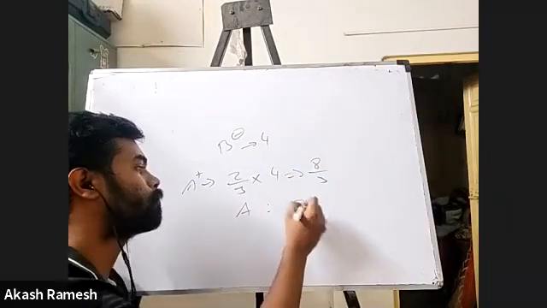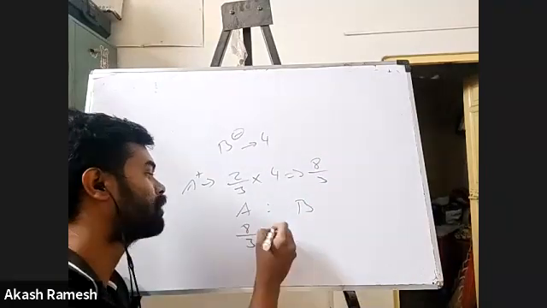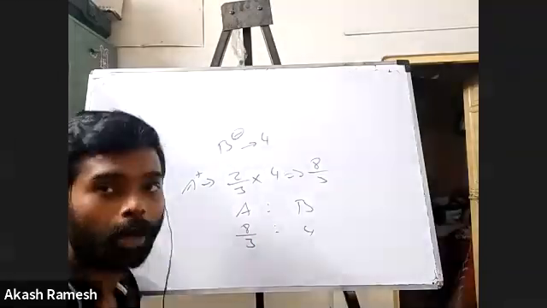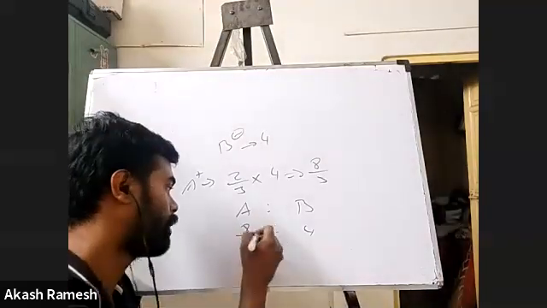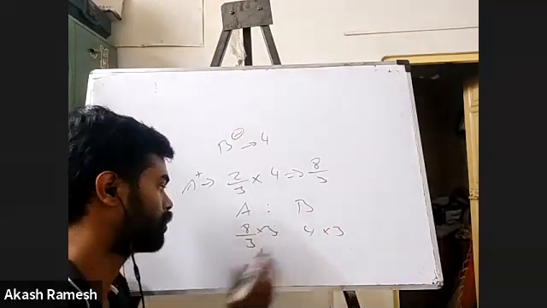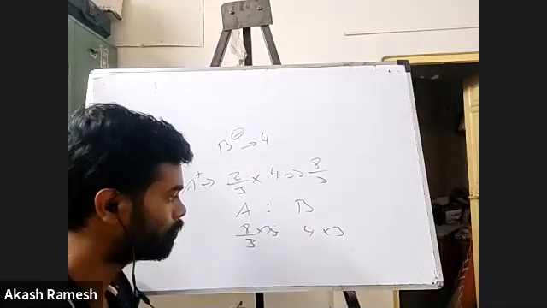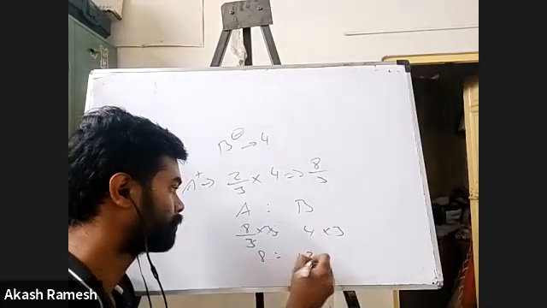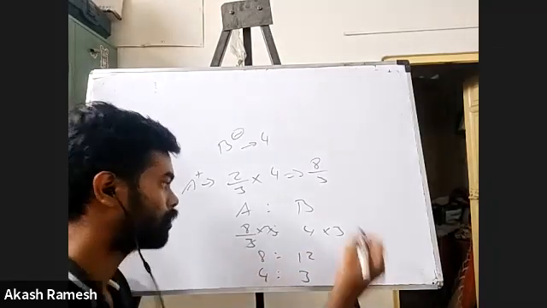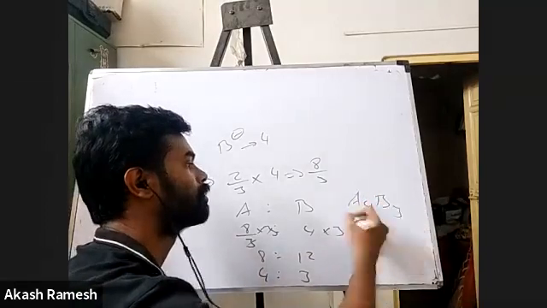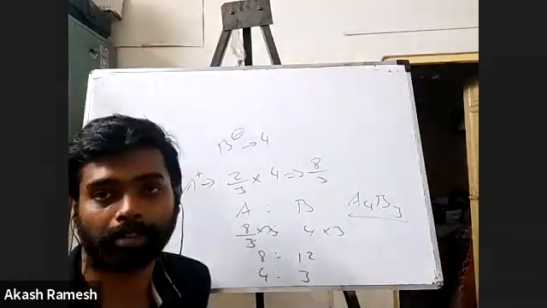So A is to B is basically 8/3 is to 4. Now obviously I cannot have fractions here, so multiply this by 3 and this by 3. So this will become 8 is to 12. How can I write it? 4 is to 3. So what will be the formula? A4B3 will be the answer.